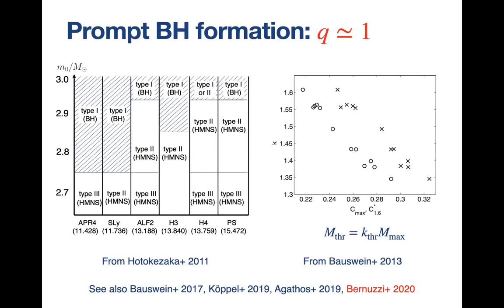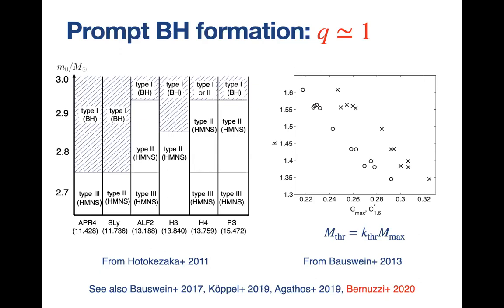As Sebastian already mentioned, we now know that prompt black hole formation, at least for comparable mass ratio binaries, occurs when the total binary mass is larger than the maximum mass for a non-rotating neutron star, multiplied by some coefficient, this kappa, that in turn depends on properties of the neutron star equation of state, and most tightly correlates with the compactness of the maximum mass neutron star.